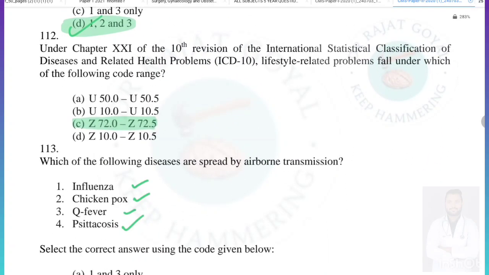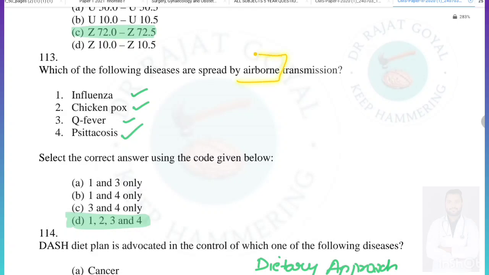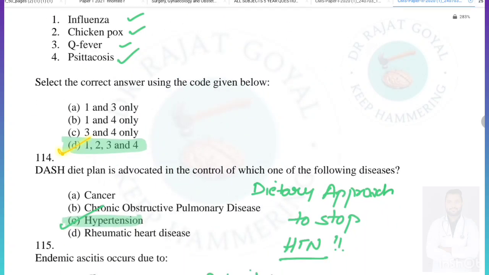Under chapter 21 of the 10th revision, the ICD-10, lifestyle related problems fall under which of the following code ranges? It is a direct question, we have to learn it. It falls under Z72 to Z72.5. Which of the following are spread by airborne infection? Influenza, chickenpox, Q fever and psittacosis, they all spread by airborne transmission. So answer here will be D.